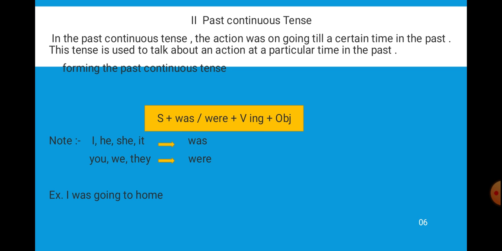Note, was is used for I, he, she, and it, where were is used for you, we, and they. For example, I was going to home.